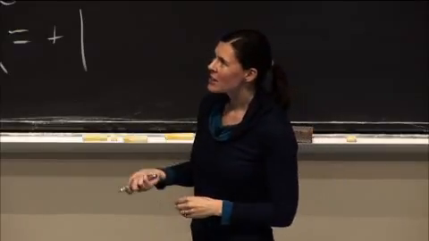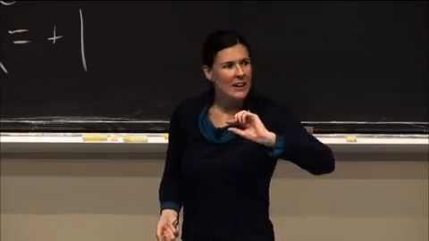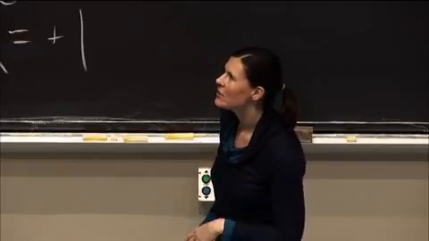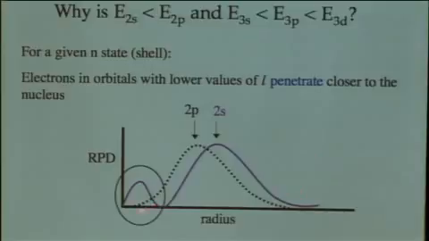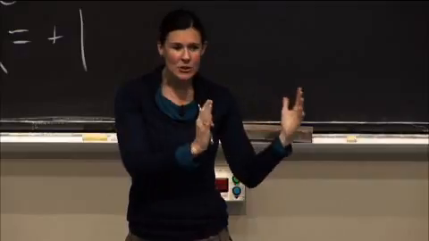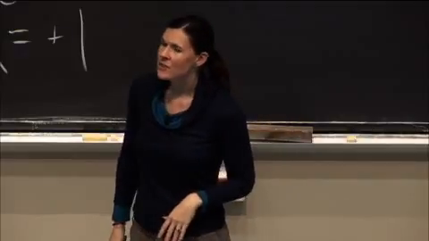So what is actually going to matter is how closely that electron can penetrate to the nucleus. And what I mean by penetrate to the nucleus is whether their probability density is a decent amount that's very close to the nucleus. So if we superimpose, for example, the 2s radial probability distribution over the 2p, what we see is there's this little bit of probability density in the 2s, but it is significant, and that's closer to the nucleus than it is for the 2p.